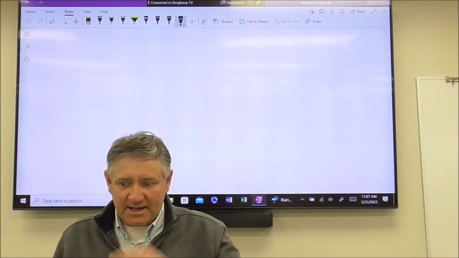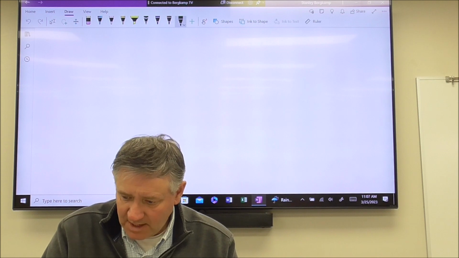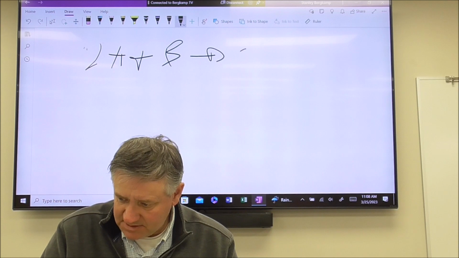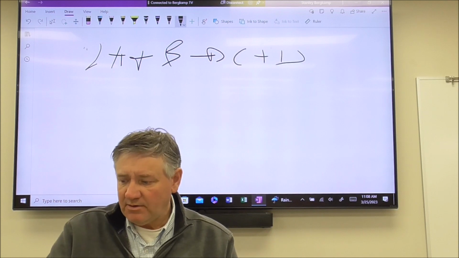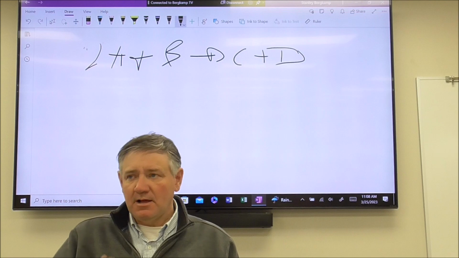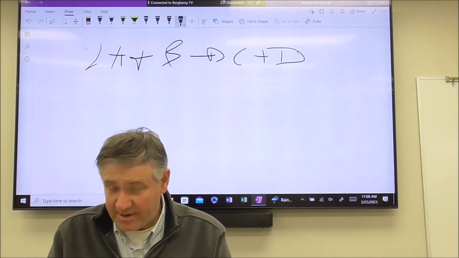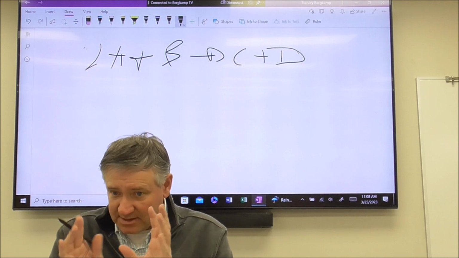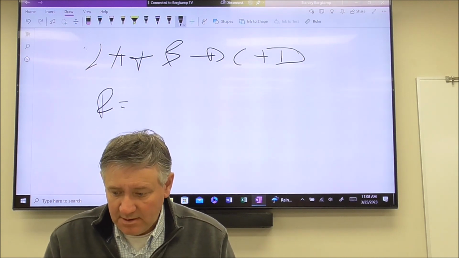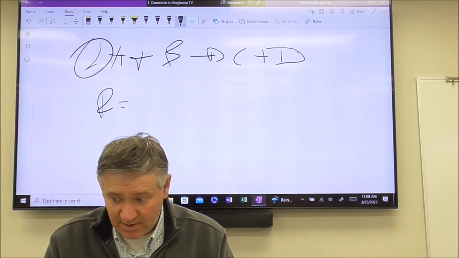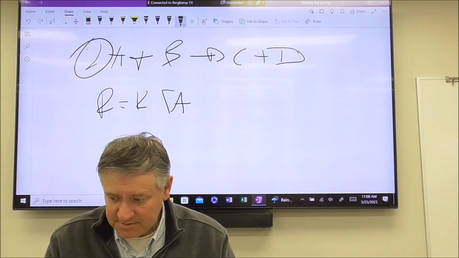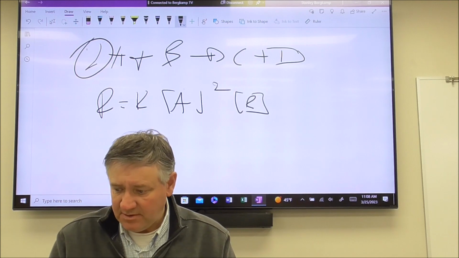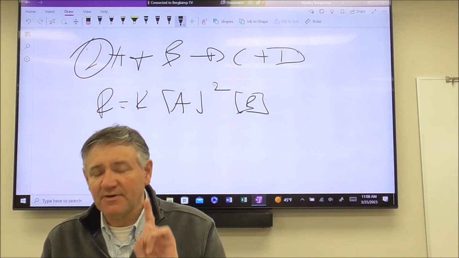Now, here's the classic thing. You've got this overall reaction 2A plus B yielding C plus D. If this was an elementary reaction, in other words, it happened in one step, if this was the actual mechanism, your rate law, because there's a coefficient of 2 in front of this, would be K times A squared times the concentration of B. This is a huge if.